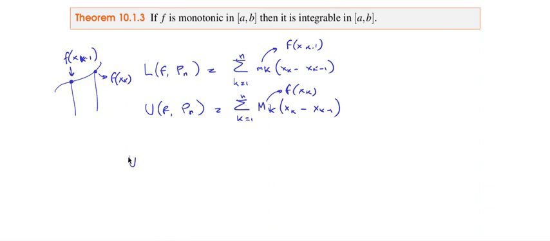So if we compute the limit, xk minus 1 is again b minus a over n, okay? We know that.